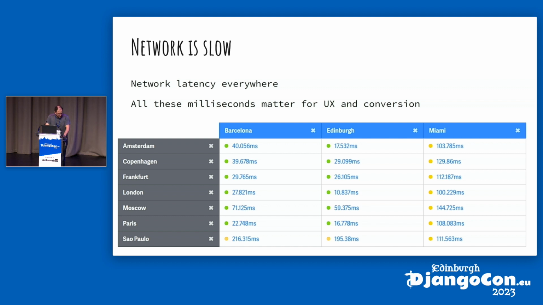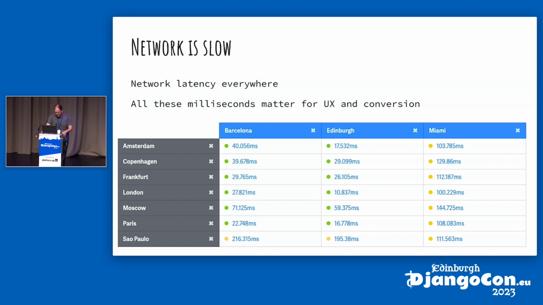One funny thing is that we have in Brazil, Brazil is one of the most expensive Amazon regions. So most people just put their website in New York, Ohio, and other places in the United States.